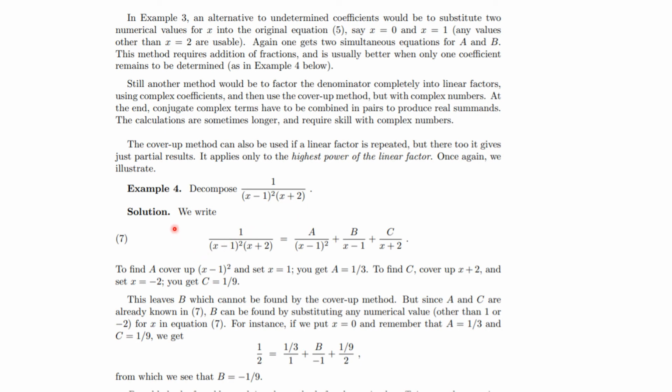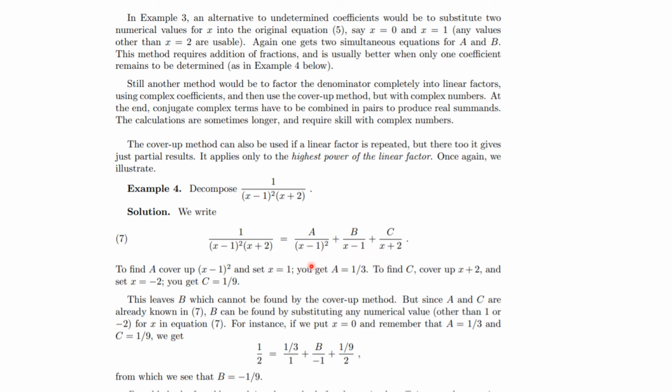So when we are doing the partial fraction decomposition, we know that this x + 2 is going to give us C/(x + 2). But (x − 1) squared will give us B/(x − 1) and A/(x − 1)².